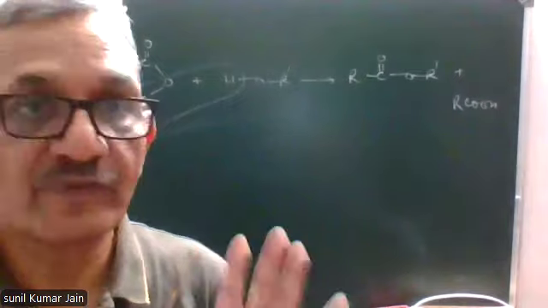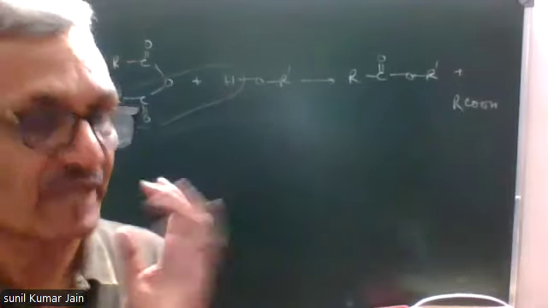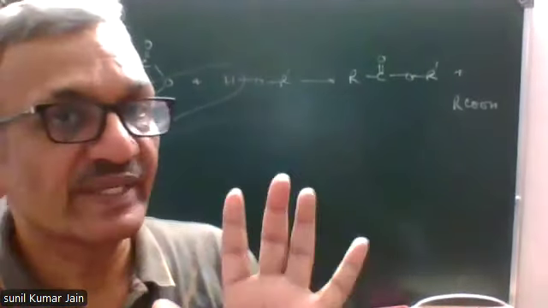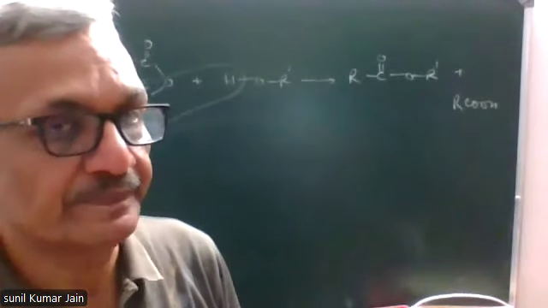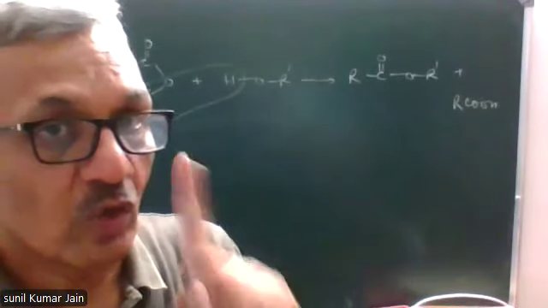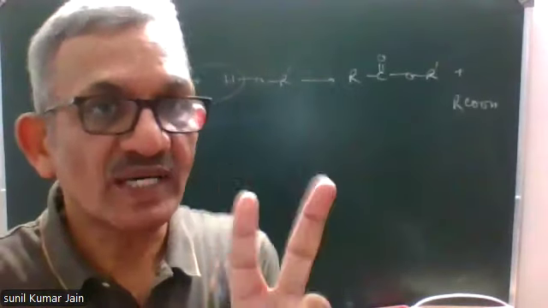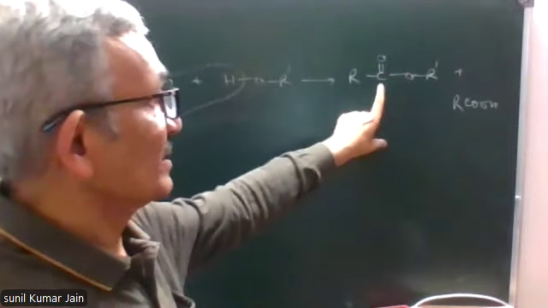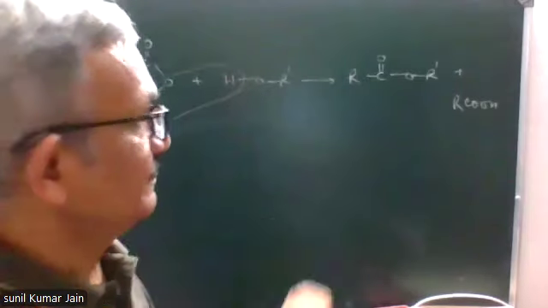Now I'll explain a few points which will help you in questions like fill in the blanks. You have all the three reactions in your register, although I have rubbed them. In all these products, there are two R's, two alkyl chains. One is attached to oxygen, the other is attached to carbon. Listen very carefully.